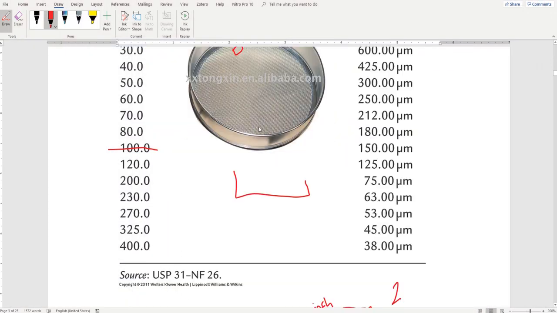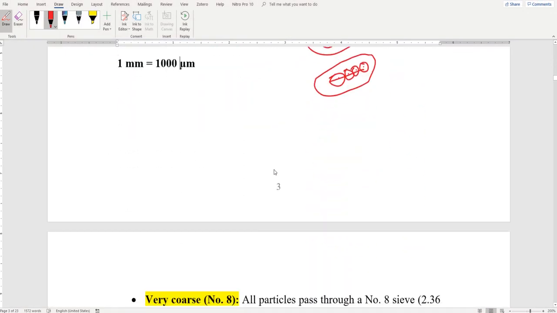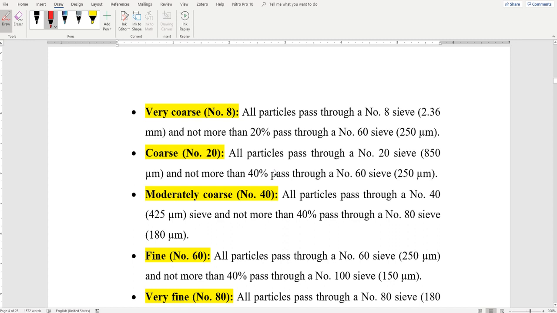Okay. Now, we know how we operate with sieves. So when do we describe the powders as very coarse powders? Now, if you do sieve analysis and you find out that all the particles pass through sieve number 8.